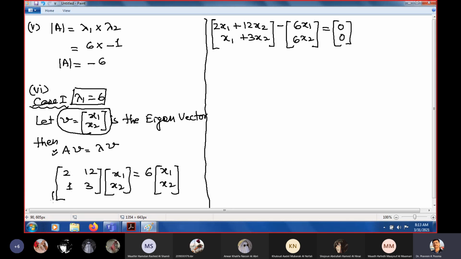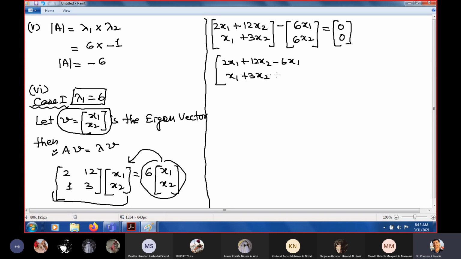So we multiply these two matrices, multiply the 6 inside, and shift it to the left. Now subtract the two matrices: 2x1 plus 12x2 minus 6x1, and x1 plus 3x2 minus 6x2, is equal to 0, 0.